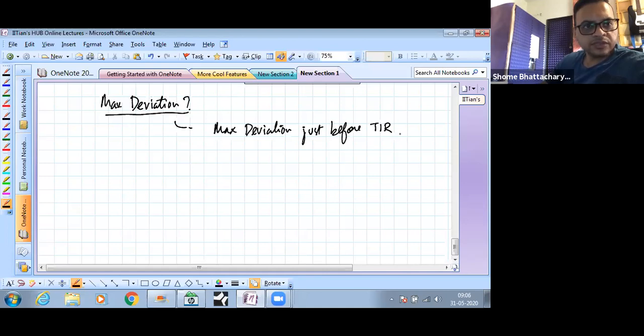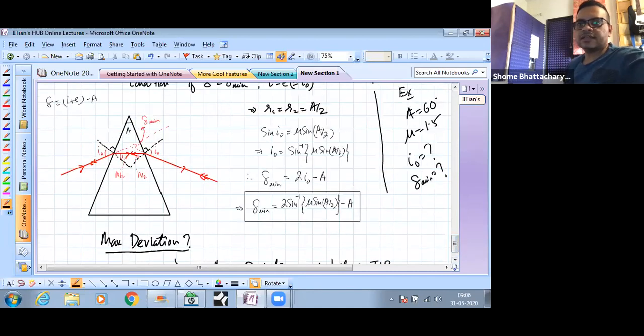Some of you are getting a different answer. So the angle of the prism is the angle on top. Okay. So I'll answer your doubt separately. This angle A is called angle of the prism. No. Maximum deviation is not angle of the prism.